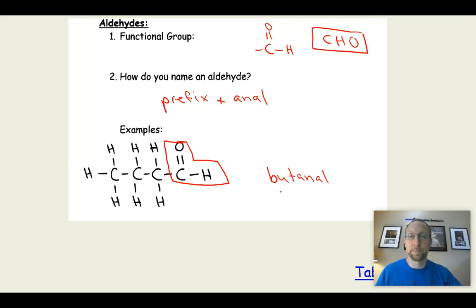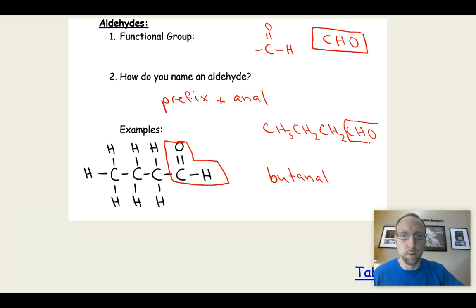So 4 carbons, but, and it's an aldehyde, so it ends in anal. Now, I don't need a number here, so we'll talk about that in a minute, why I didn't put a number here. So how does this look as the condensed structural? Well, we've got a CH3, then a CH2, then another CH2, and then our CHO. So there's our CHO that we would look for in the condensed structural.